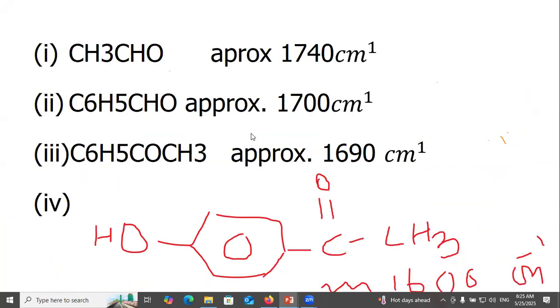In the case of the first, the ester approximates 1740 per cm. In the case of the second compound, benzaldehyde, 1700 per cm. Compound third, acetophenone, 1690 per cm. In the case of structure IB, this is approximately 1600 per cm.